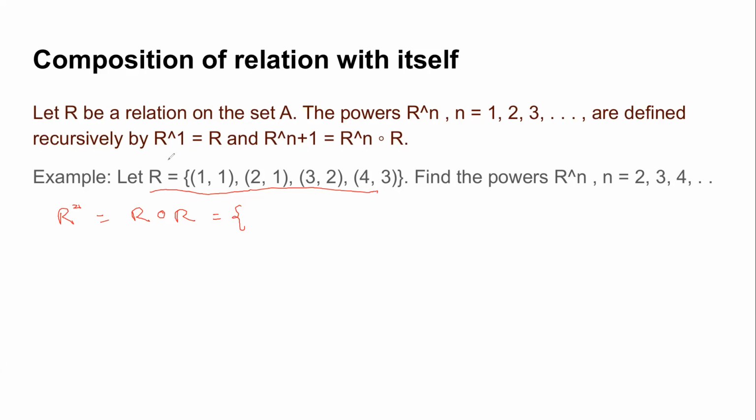Just for the sake of ease, rewrite this and try to take all possible combinations of one to other and write the endpoints. Yes, class. What are all the possible ordered pairs in R square?